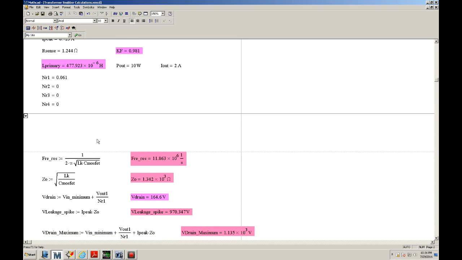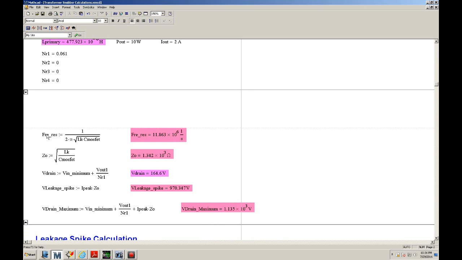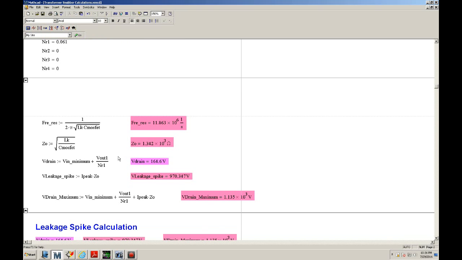Here I find out the resonant frequency, since it's going to be ringing. I know that it's going to be ringing at 11.8 megahertz. And here is where I calculate the characteristic impedance of the tank circuit, basically between the leakage inductance and the MOSFET. In this case, I have an impedance of 1.3K, which is rather high. Now the voltage before you add the voltage spike should be 164 volts.